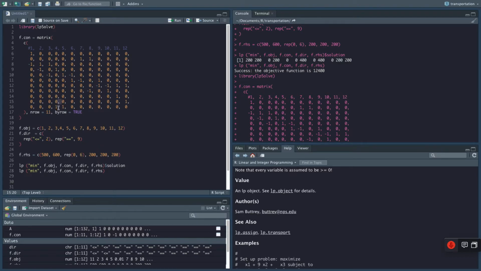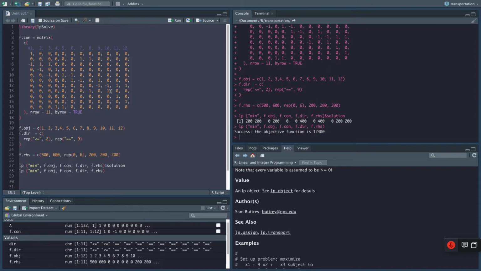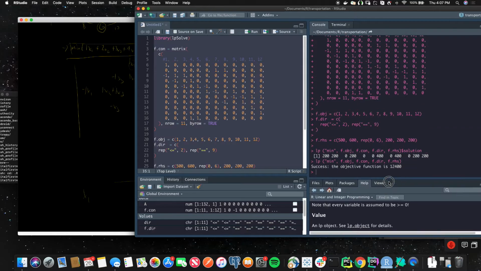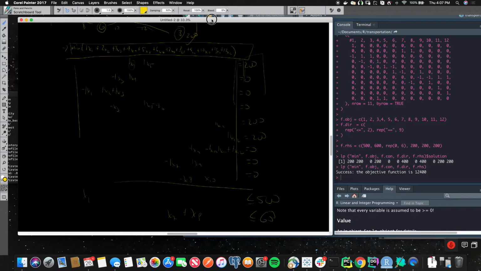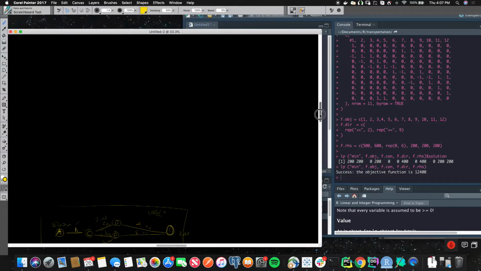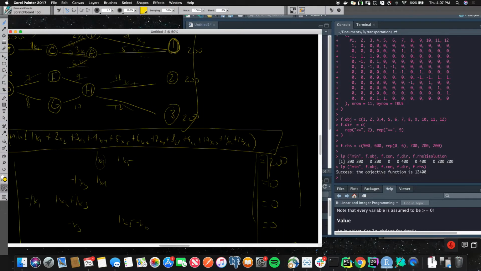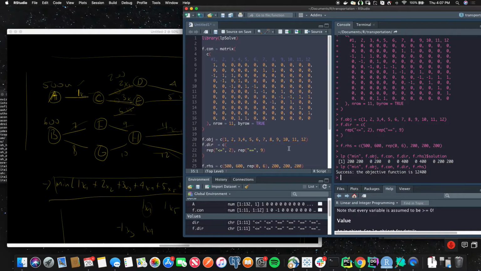So this is it, and I can go ahead and run it, and we get some results here. And let's interpret these results. All right, so x1 has to be equal to 200.